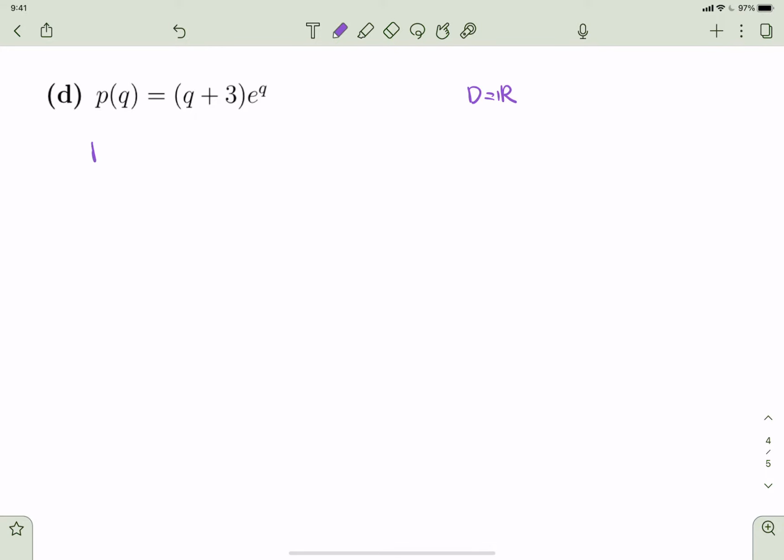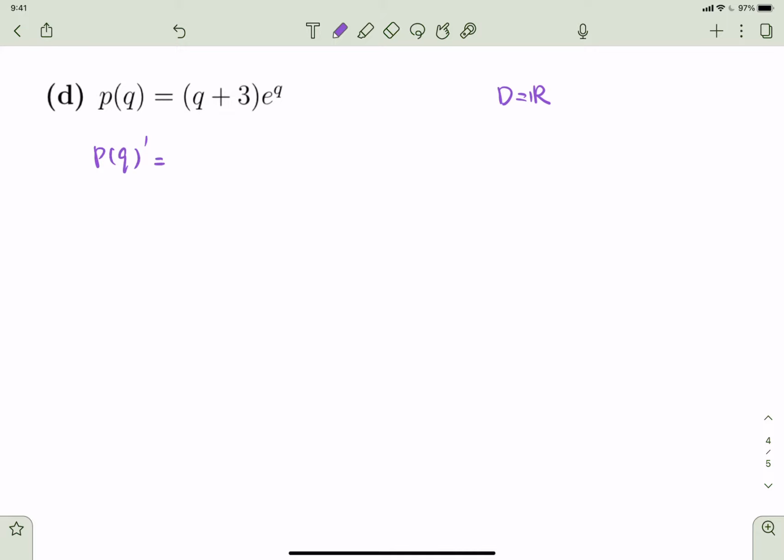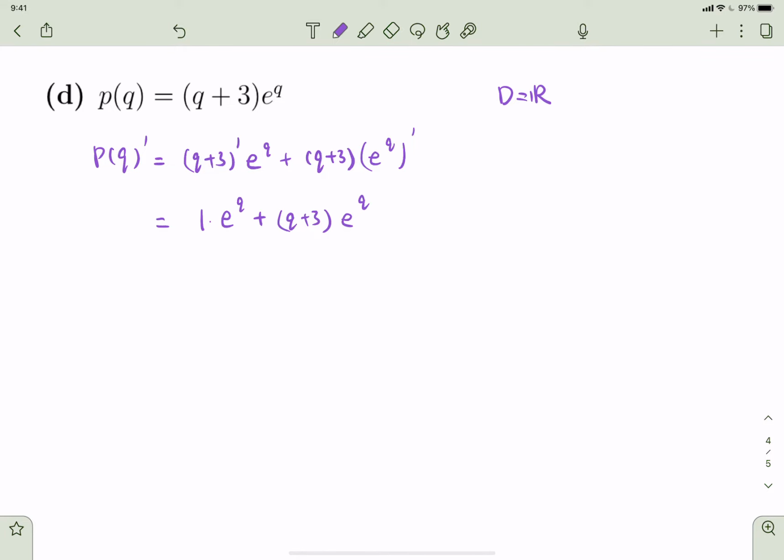And then we take the derivative with respect to Q by using the product rule. So derivative of this times this, plus this times the derivative of that. So now we have 1 here times e^Q plus Q times the derivative of e^Q, which is e^Q itself.